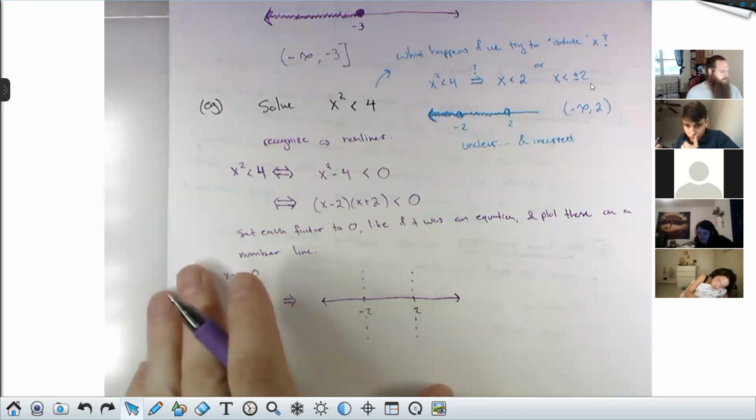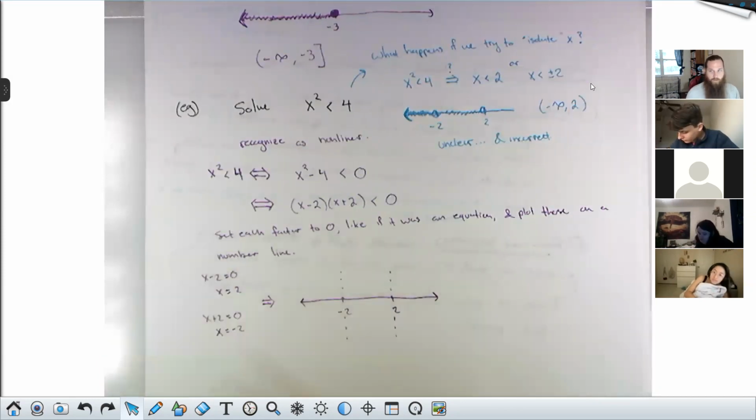And for reasons that have to do with continuity, this concept of a continuous function, specifically something called the intermediate value theorem, the inequality x squared is less than 4, which is logically equivalent to the inequality x minus 2 times x plus 2 is less than 0, will either be true in this region everywhere or false in this region everywhere.